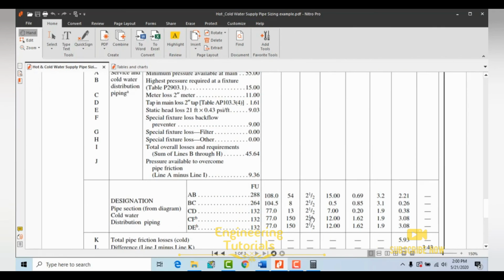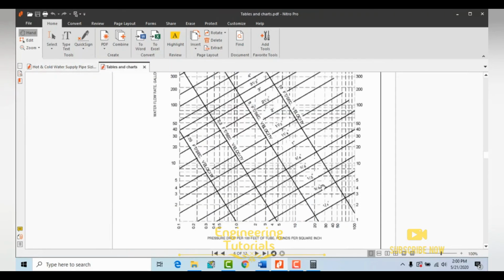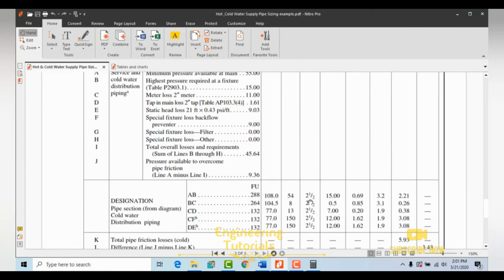Then for the B to C section, how much GPM do we have here? 104.5, and the pressure loss will be the same, 2.77 psi per 100 feet. So it is almost the same, that is 2.5 inch pipe size. So we have used 2.5 inch pipe size.